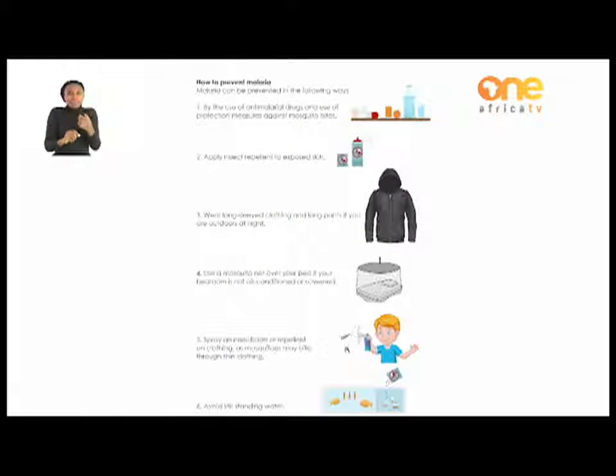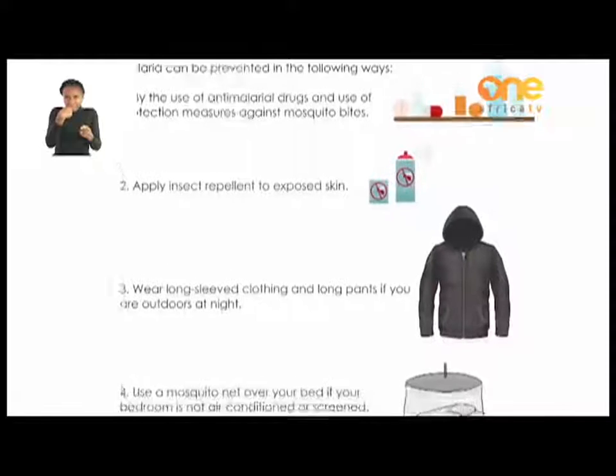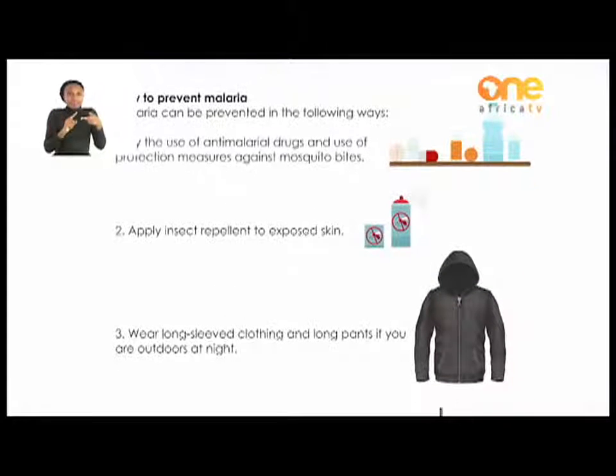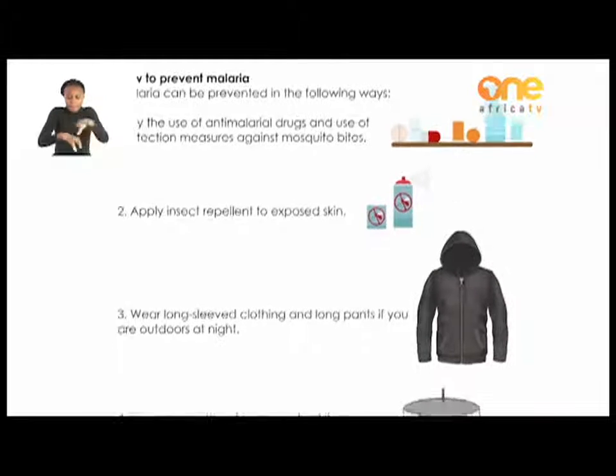Let us look at the prevention measures. How to prevent malaria? Malaria can be prevented in the following ways. The first one could be by the use of anti-malarial drugs and the use of protection measures against mosquito bites. Second, you should apply insect repellent to exposed skin. Third, you should wear long-sleeved clothing and long pants if you are outdoors at night.